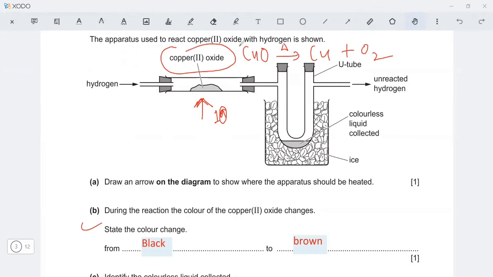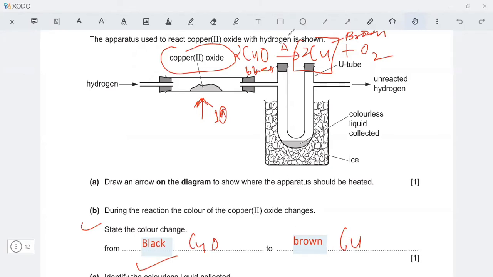When the copper oxide is heated, it forms copper metal. Copper metal is basically brown, whereas copper oxide is black. That means it changes from black to brown. Is this clear for all of you? So you can write here, the color change is from black to brown, because black is copper oxide and brown is copper metal. Understand?